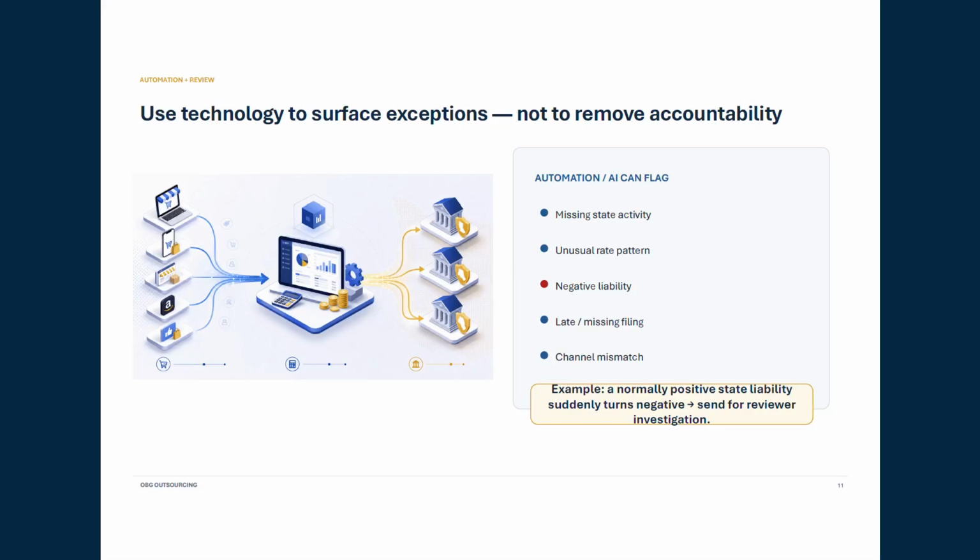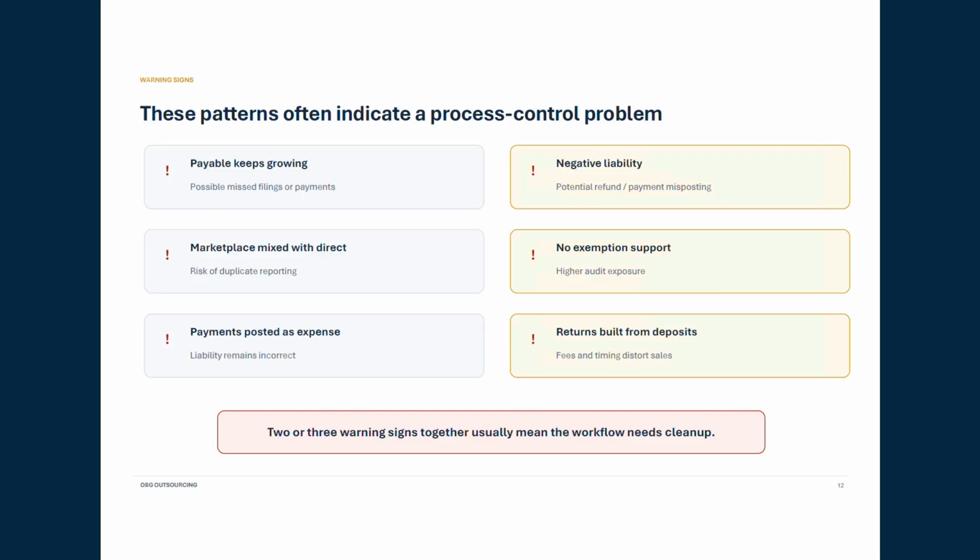For example, if a state normally shows a positive payable balance but suddenly turns negative, the review system should flag it instead of silently accepting it. Technology should help the accountant focus on exceptions, investigation, and professional judgment. The goal is controlled automation, not blind automation.